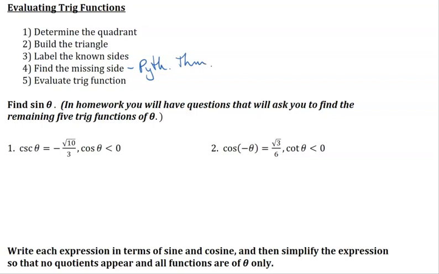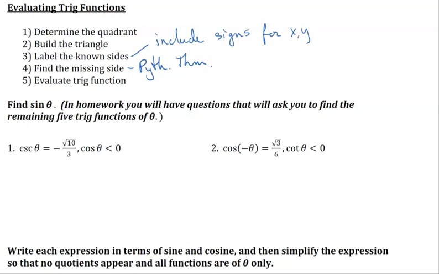And then we will evaluate the trig function. Okay, so a couple things to add here. When we label the known sides, we want to include the sign of x and y. And by sign, I mean S-I-G-N, okay? So we want the signs for x and y, meaning in an ordered pair, if we have a point that is to the left of the y-axis, it has a negative x value.